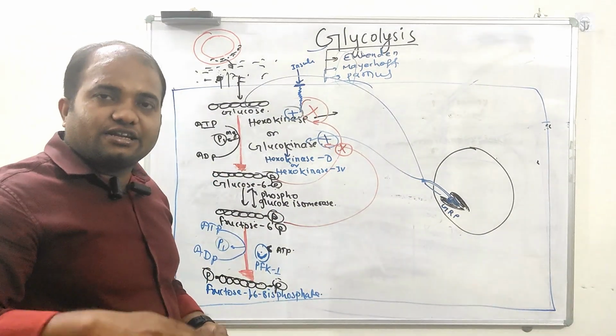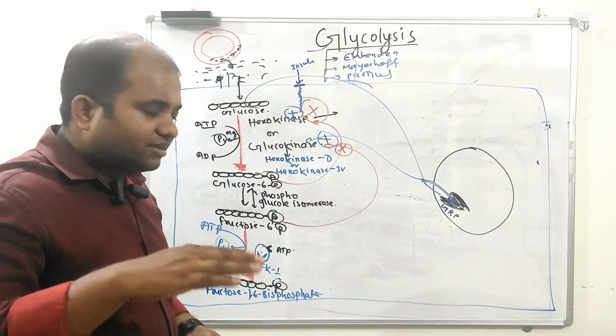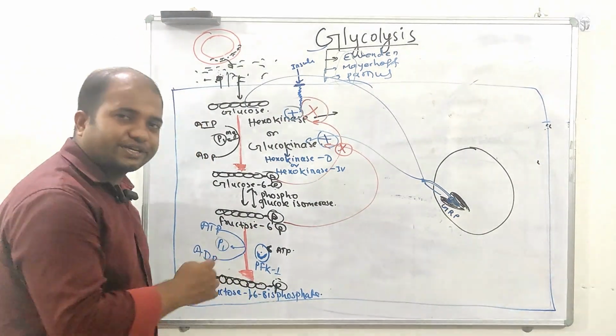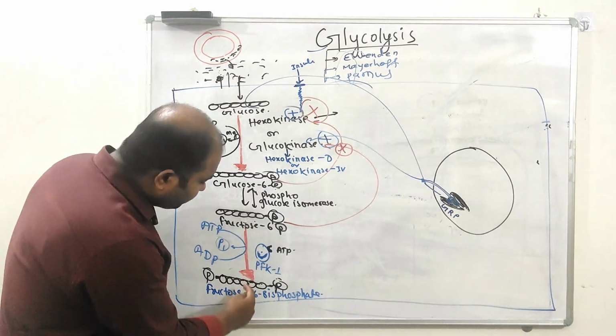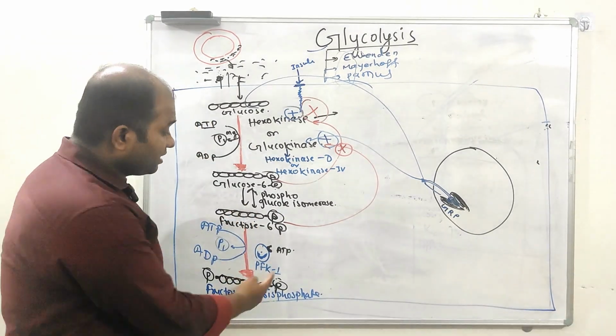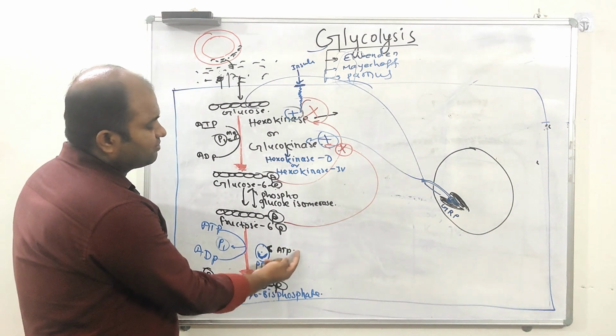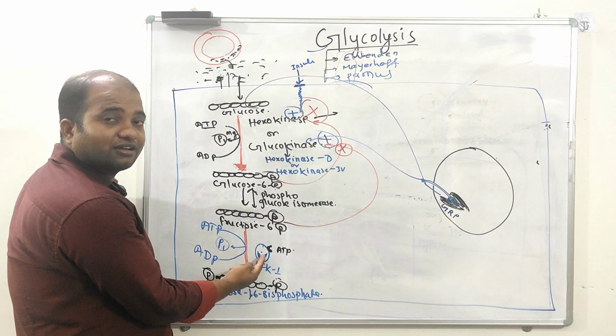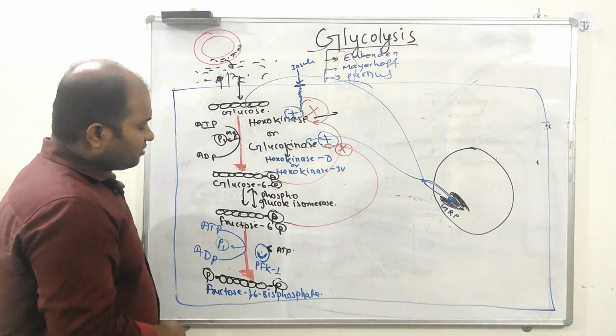If the level of ATP is more, do you want to run this cycle? No, because this cycle is for producing ATP. So we don't want to run it if the ATP is high. That means once the ATP level is increased inside the cell, this enzyme will get inhibited, right?